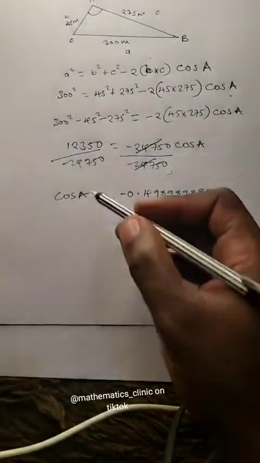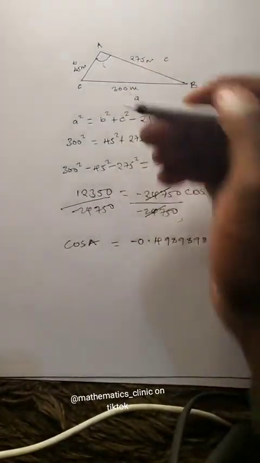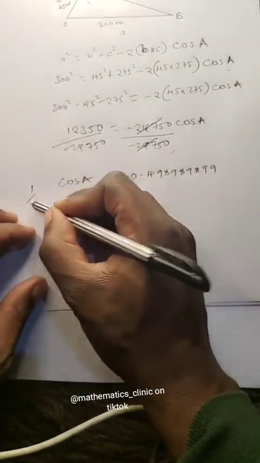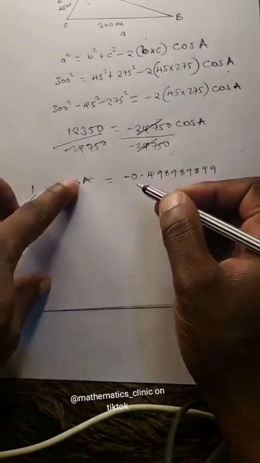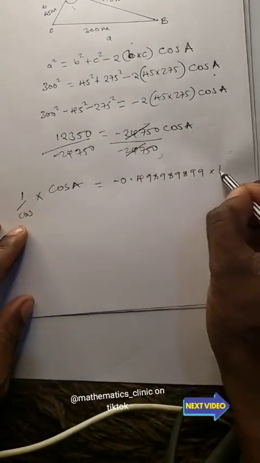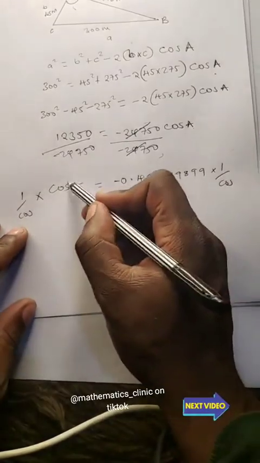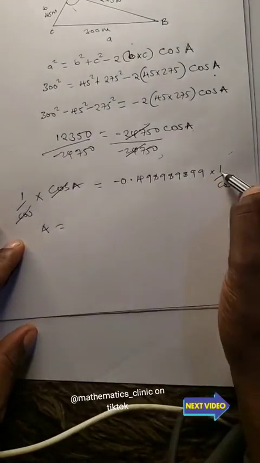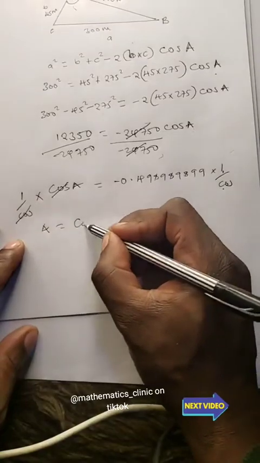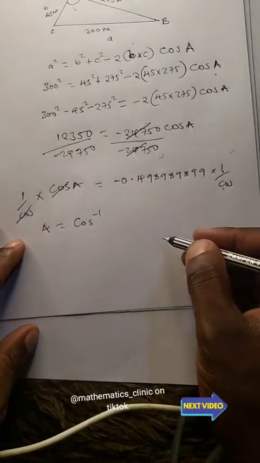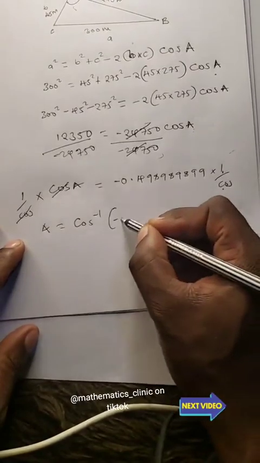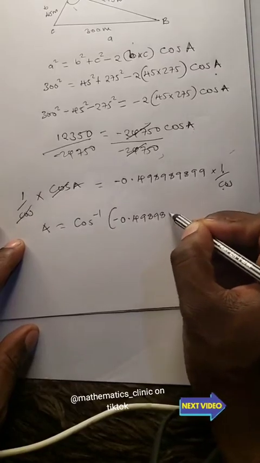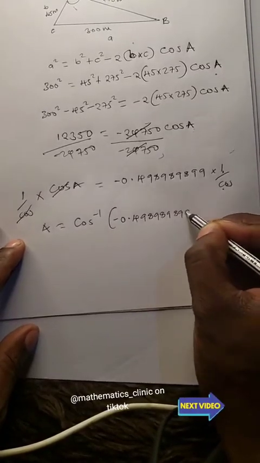We want to find this angle right here, so we need to make A the subject of the formula. We multiply both sides by 1 over cos so that we get rid of the cos here. This and that will go, and we remain with A is equal to cos inverse of negative 0.498989899.